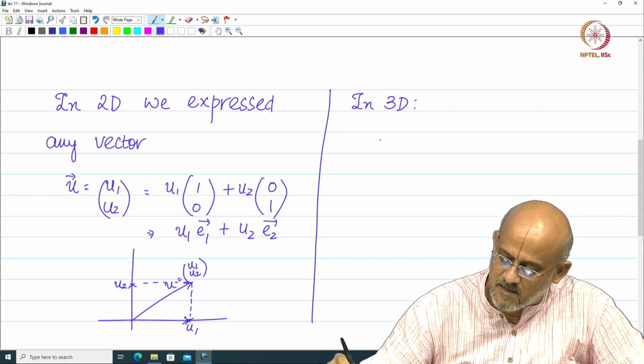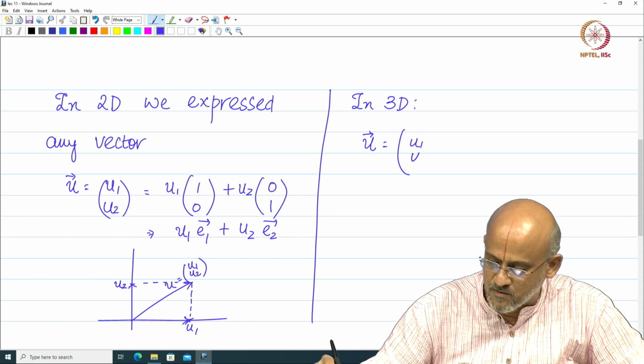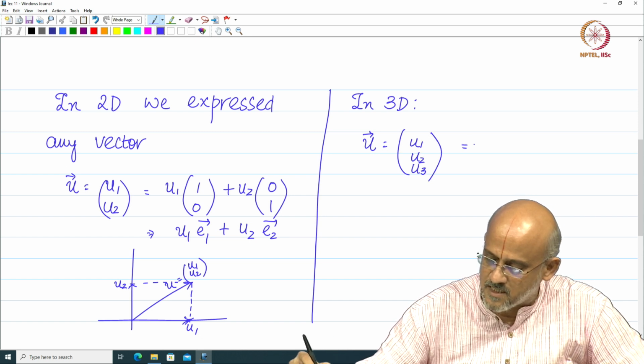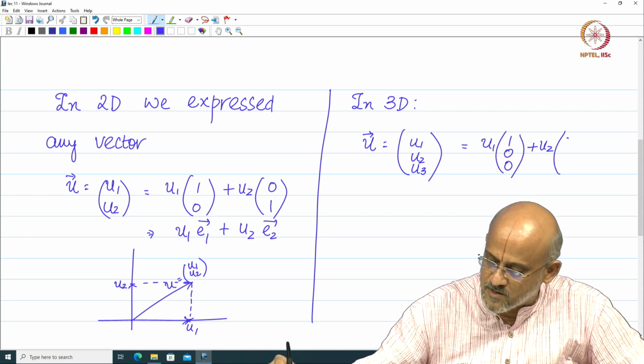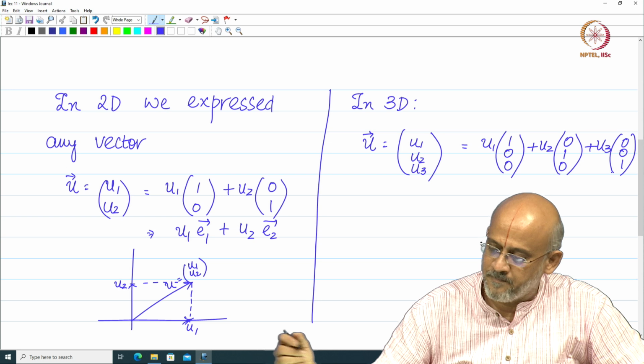So along similar lines, any vector u in 3D, u equal to u1, u2, u3, we can express as u1 into 1 0 0 plus u2 into 0 1 0 plus u3 into 0 0 1.